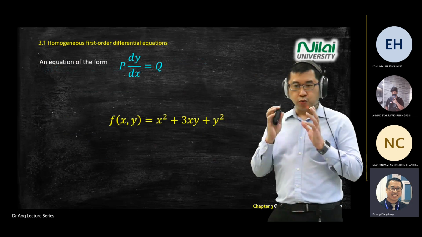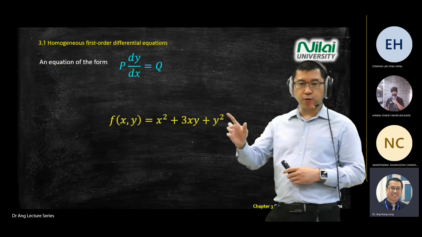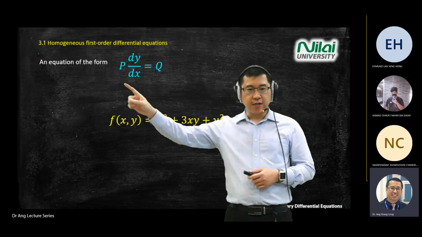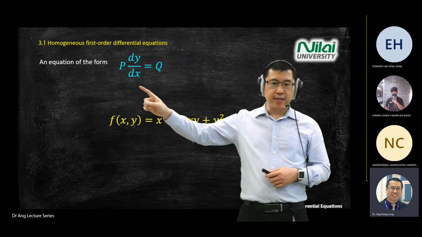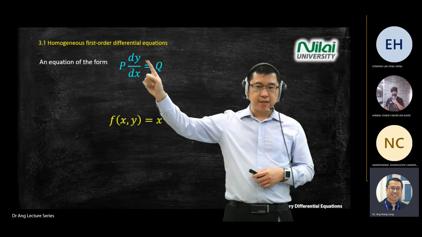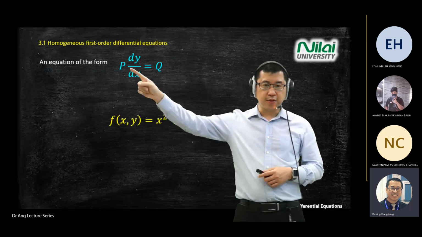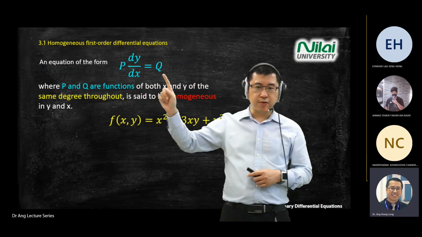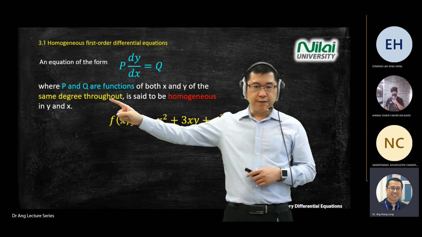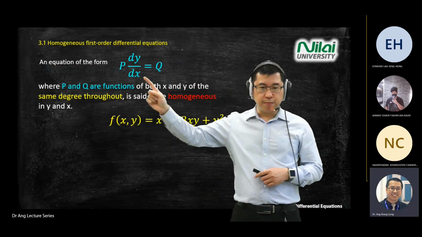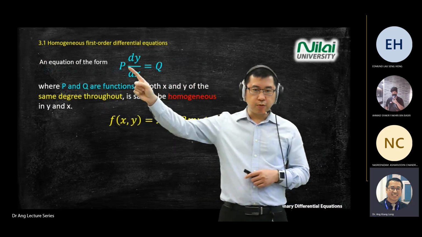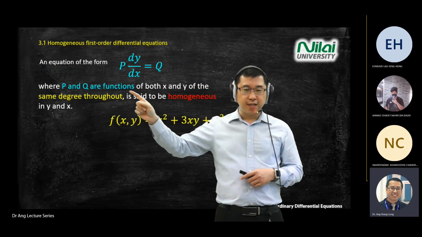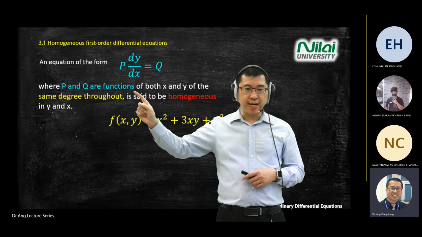Anyway, I'll teach you to recognize when you look at the question, oh, this one falls under what? Okay, so if you are given an equation, let's say function dy dx equal to function. So you have two functions here. If both sides have the same degree, you compare left hand side, right hand side, same degree. I already taught you in the previous class how to identify degree.